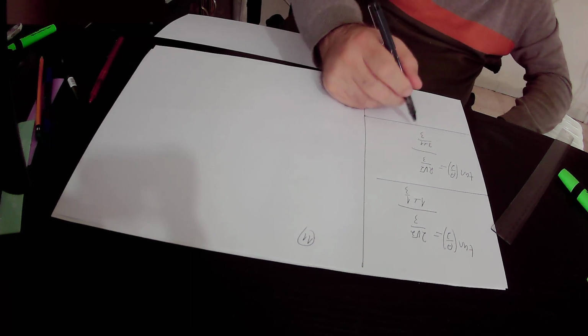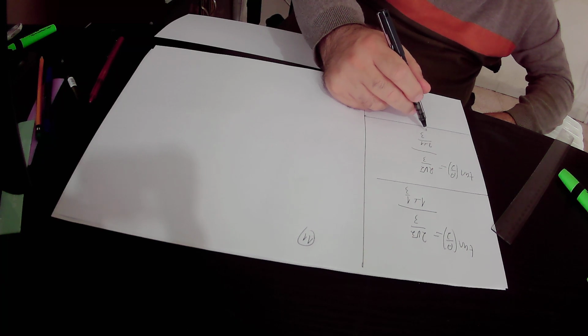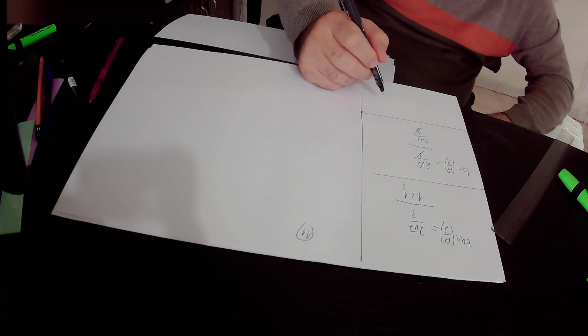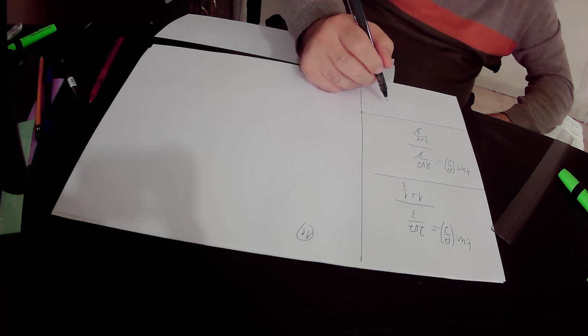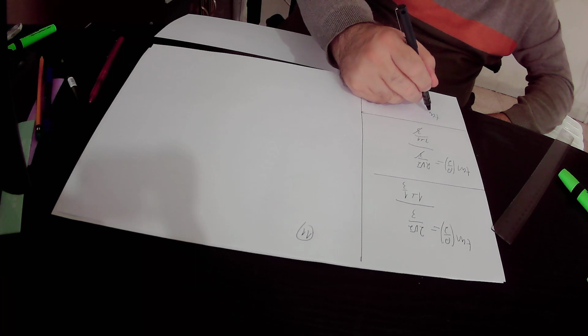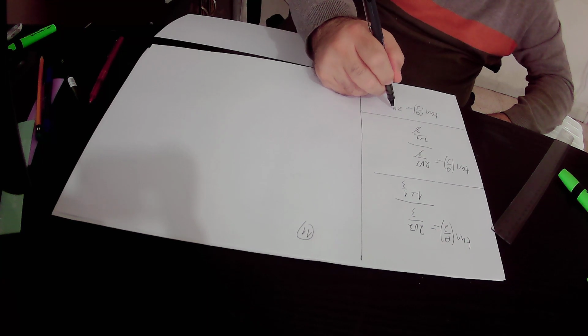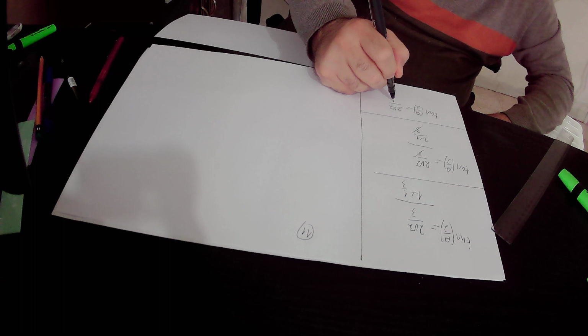Here we have 3 both in the numerator and in the denominator, so 3 will get cancelled. And 3 plus 1 is 4. So we found out that tangent theta over 2 equals 2 times square root of 2 over 4.